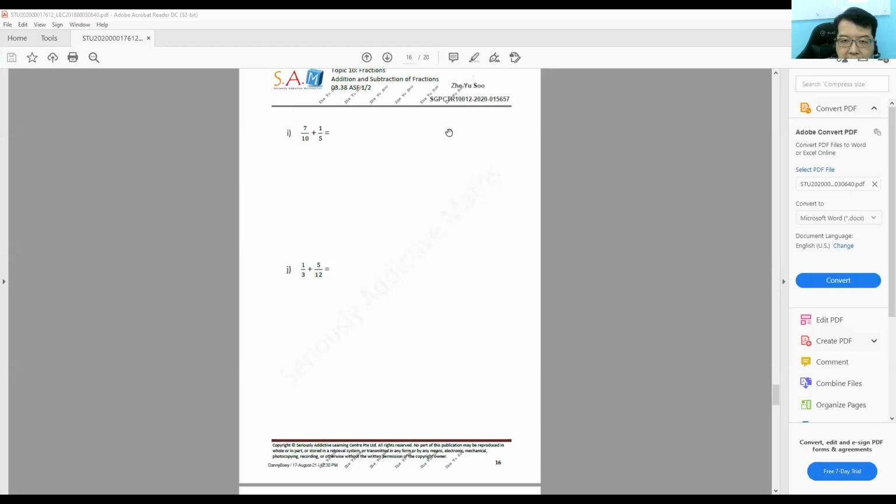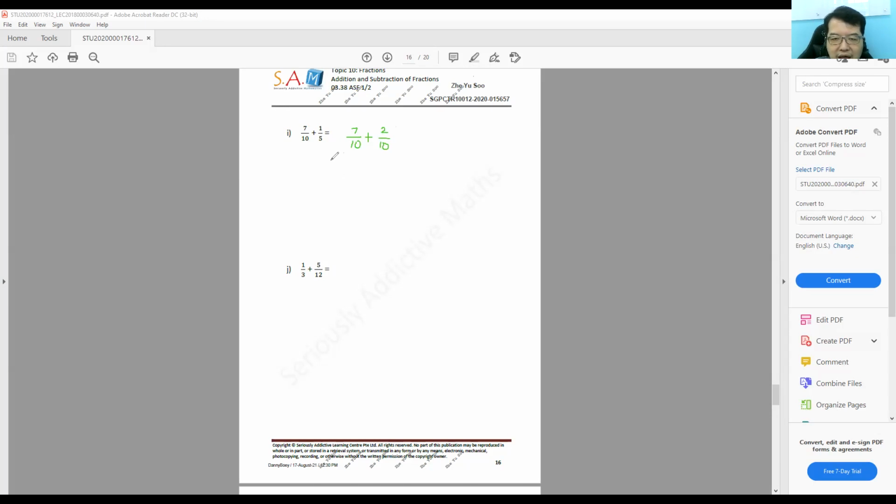Okay, let's turn to page 16. You have 7 out of 10 plus 1 out of 5. So 10 is the bigger denominator. I'll keep that, and I'll convert the 1 of 5 into a denominator that's equivalent to 10. For 5 to become 10, you need to multiply 5 times 2. 5 times 2 equals 10, 1 times 2 equals 2.